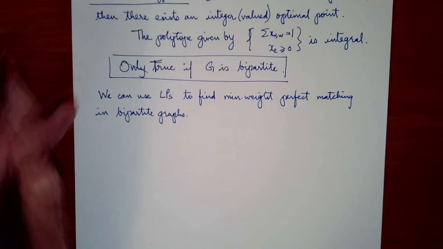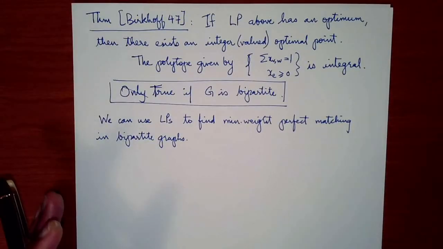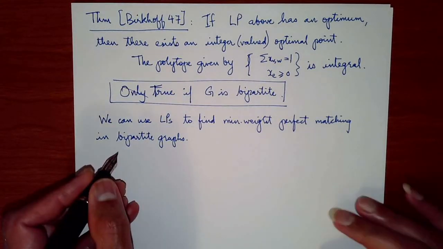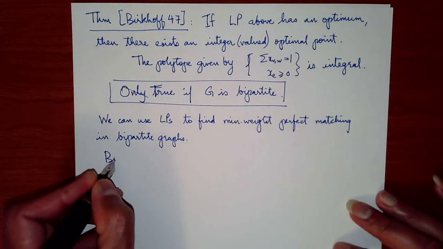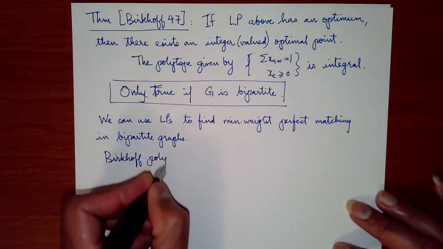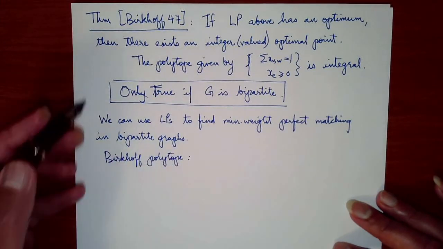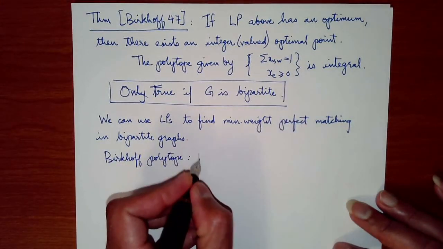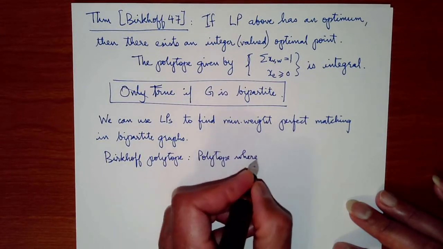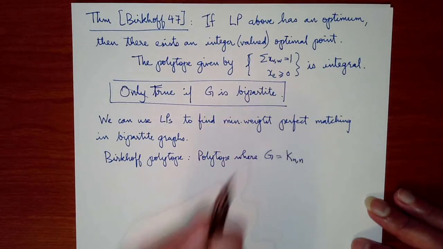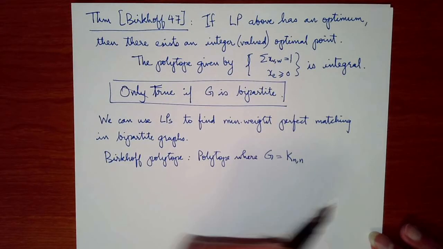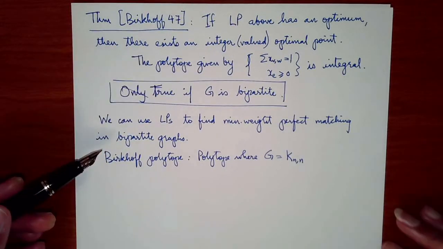It's actually fairly easy to prove, Birkhoff's theorem, and I will prove this shortly. And I'll just give you an explanation. This is called the Birkhoff polytope, essentially the polytope that I've given here, where G is equal to K_{n,n}. Like G is the complete bipartite graph. So when G is the complete bipartite graph, this polytope is called the Birkhoff polytope.